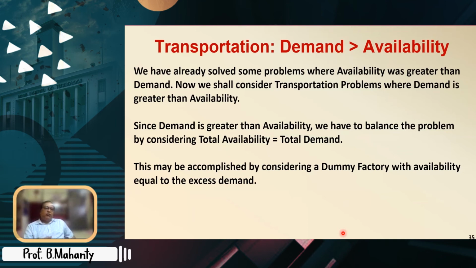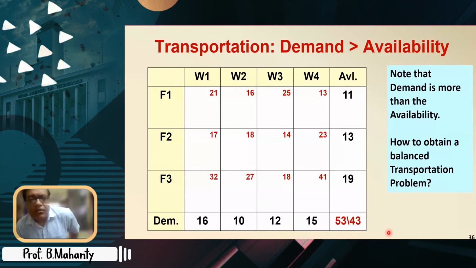That means all the units that will actually be shipped from the dummy factory to the real warehouses, those are the warehouses that are actually deprived of units to be supplied. All right, so if you understood that, now here is the problem.